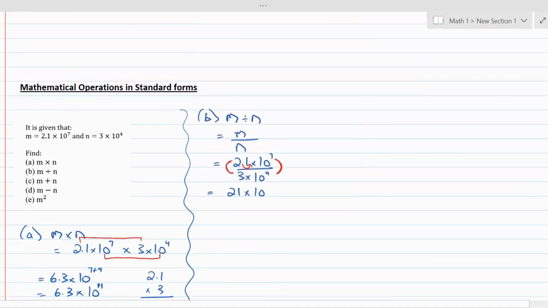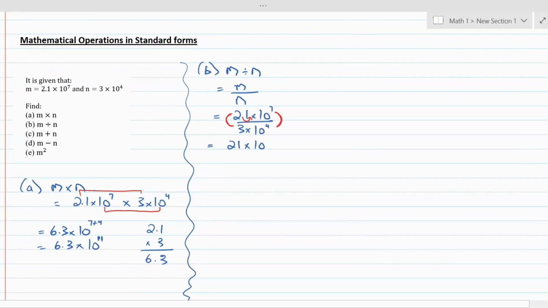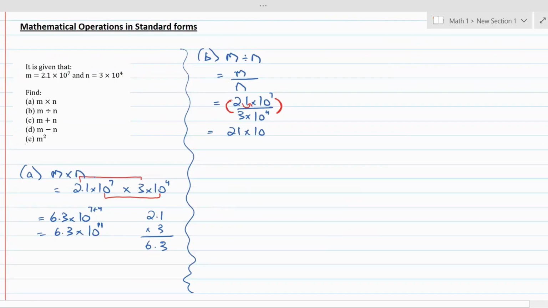In this case, we are making 2.1 as 21. That means we are moving the decimal one place towards the right. That means tens power has to decrease. So 10 power was initially 7, and decreasing by 1 would make it 10 power 6 upon 3 multiplied by 10 raised to the power 4.